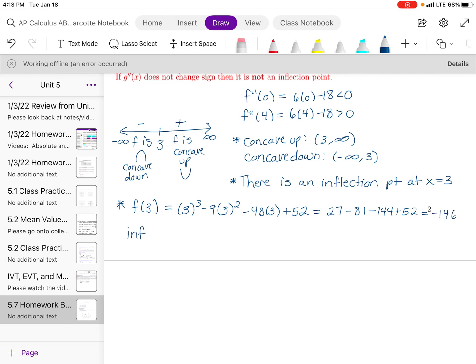So my inflection point is 3 comma negative 146.